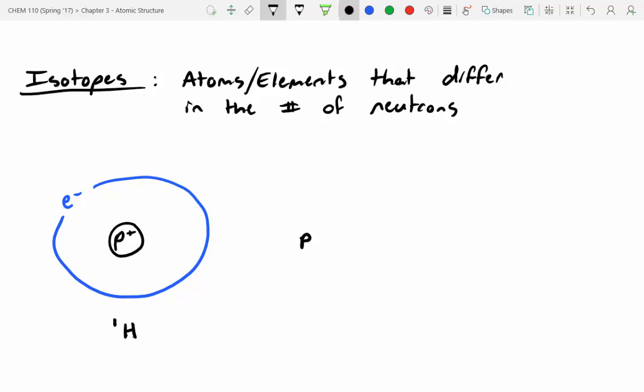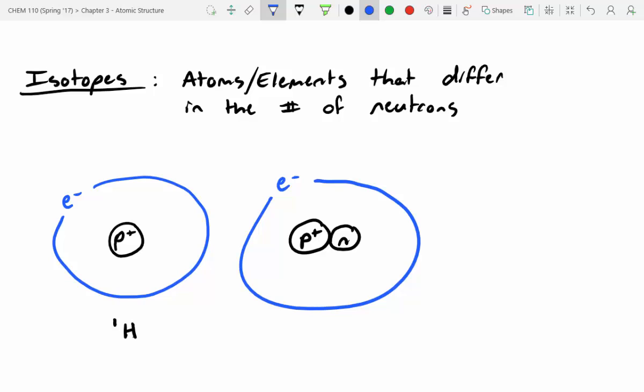There are some other isotopes where you've got a proton and then a neutron. And we still have an electron out here. This is still a hydrogen atom, right? Protons define the identity. So I'll put H, and then what should be our subscript number? Or sorry, superscript. What's the atomic mass now? 2.